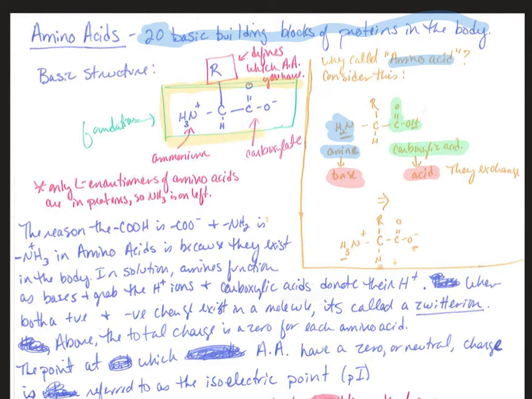Well, I should say that the basic structure looks like this. You then have some type of R group up top. So we have a centralized carbon in the middle. So he's right here. And we tend to write this so that on the left we have N, but it really at physiological pH most of the time is NH3 with a positive charge on that nitrogen.